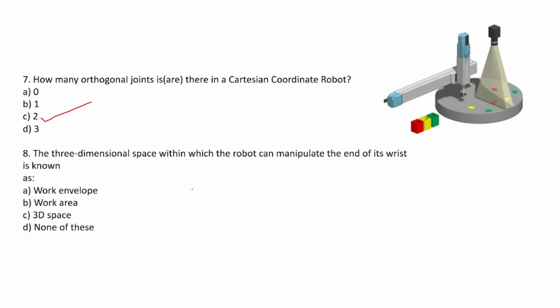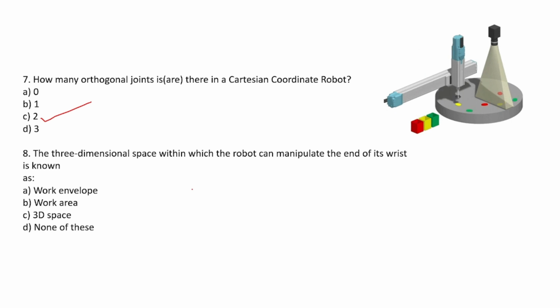The wrist assembly is attached to the end of the arm, and the end effector is attached to the wrist assembly. What is the function of the wrist assembly? It is used to orient the end effector, while the body and arm determine the global position of the end effector.